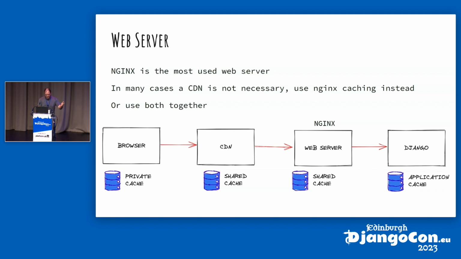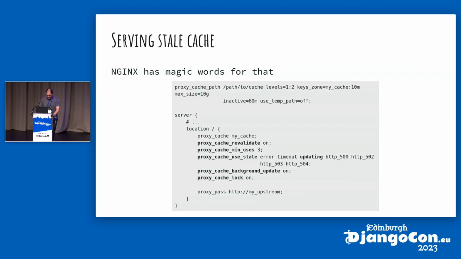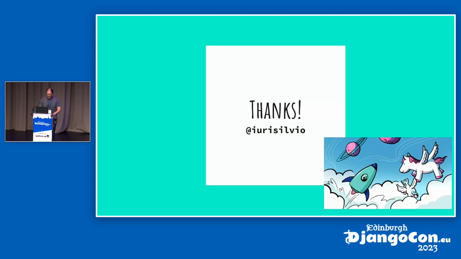It can't be distributed like a good CDN. And you just have to configure that. It's difficult to understand this configuration, but if you know nginx, it's a one-line configuration or some lines of configuration. You can do that better, for errors and updating. And that's it. Thanks.